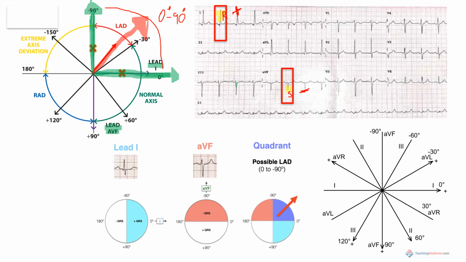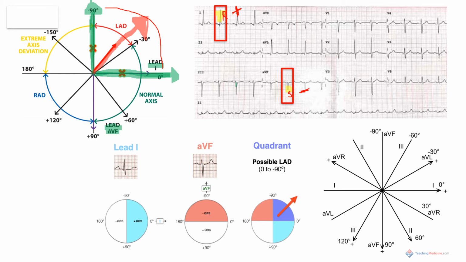So anywhere from 0 to negative 90, that's going to be your mean electrical axis. Now, if you remember, we said that your normal range should be from negative 30 to positive 90.